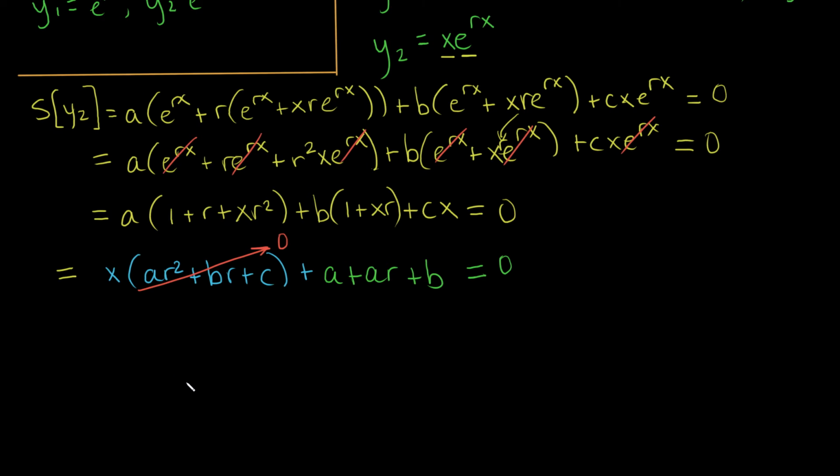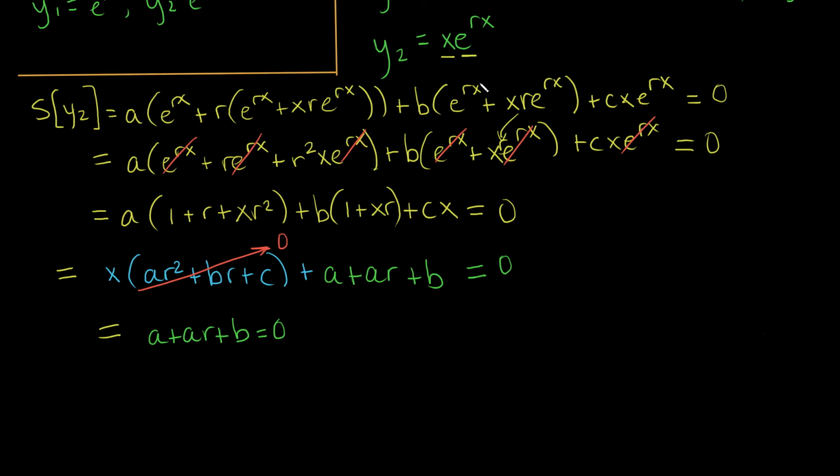So what we're left with is that this kind of strange solution is definitely a solution if a plus ar plus b equals 0. And okay, I have been actually carrying a slight error here.